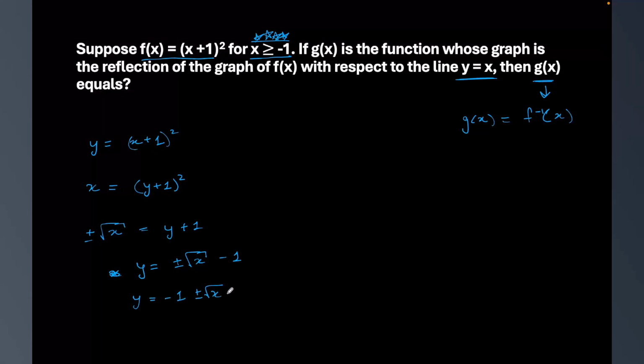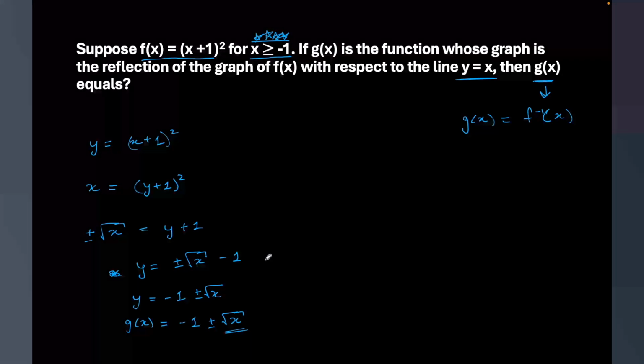Now, this is my domain for the inverse. I can say this is my g of x is equal to minus 1 plus or minus square root of x. So this is my domain for my inverse, which is the range of my original function. And the range of my inverse is the domain, okay? So I'm going to make sure that my range is always going to be greater than or equal to -1, which is the domain of the original, so my square root of x should always be positive.